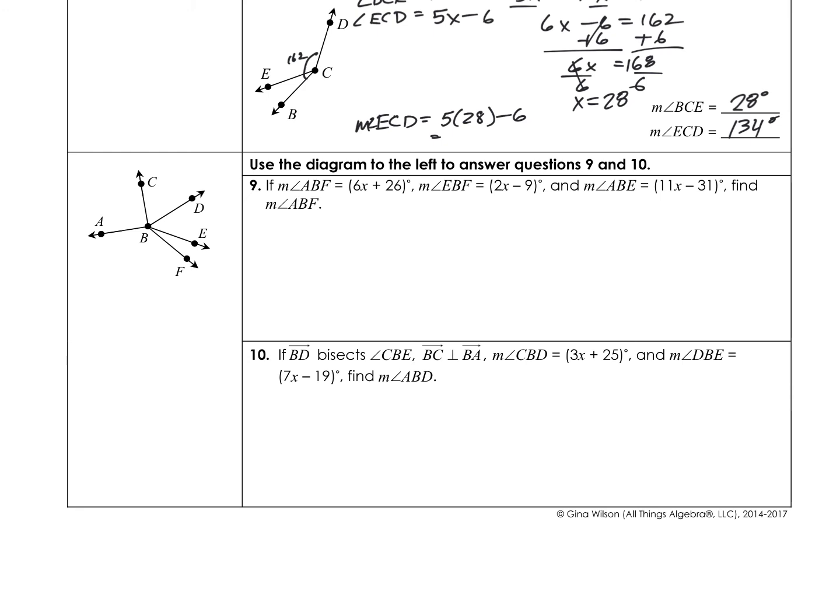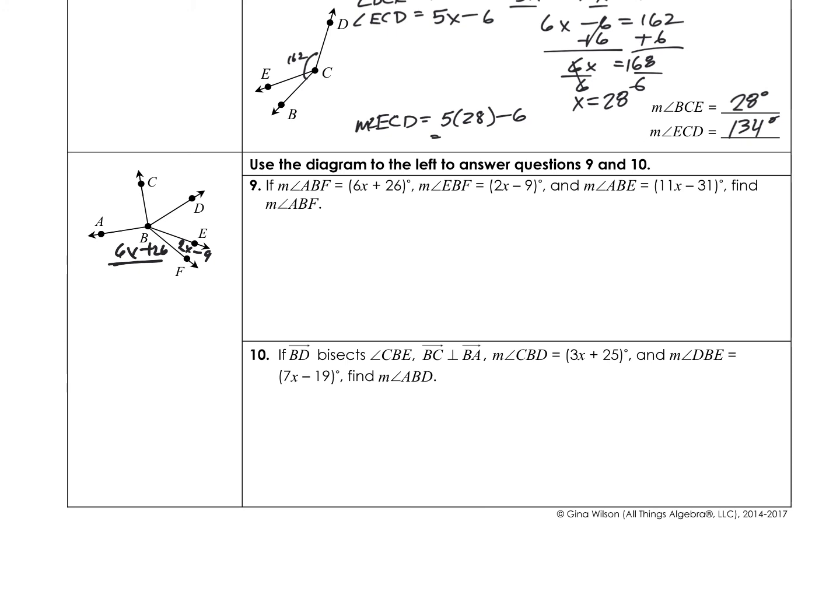All right, so if the measure of angle ABF is equal to 6x plus 26, and the measure of angle EBF is equal to 2x minus 9, and ABE, the entire angle, is 11x minus 31, find ABF. So it's asking us to find ABF, but in order to do that, we have to find x first.